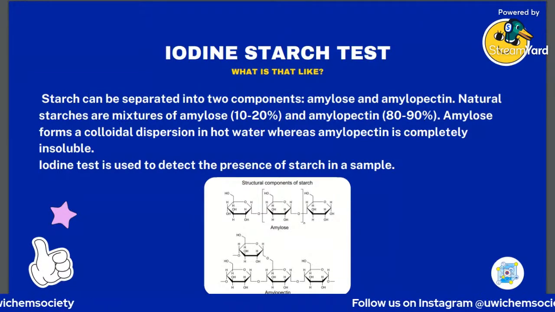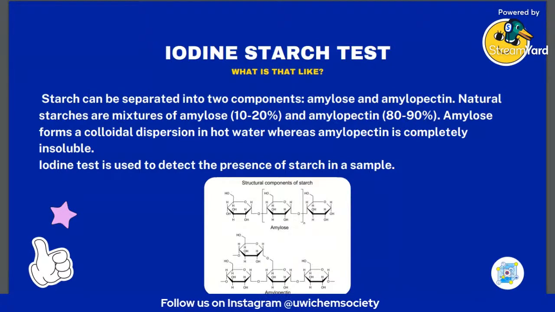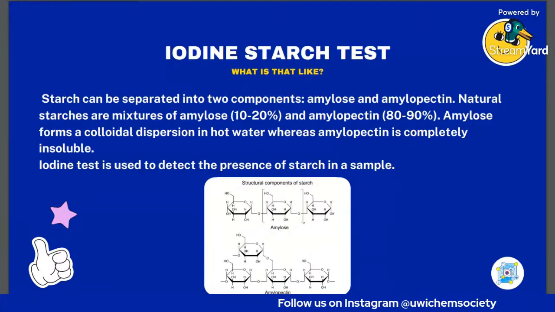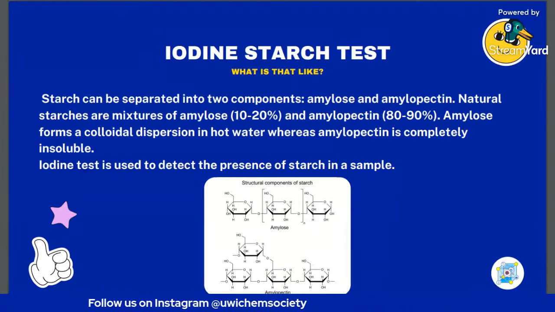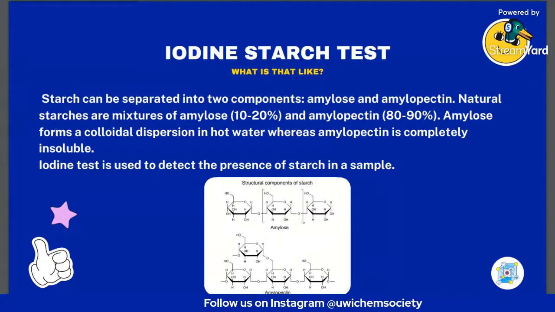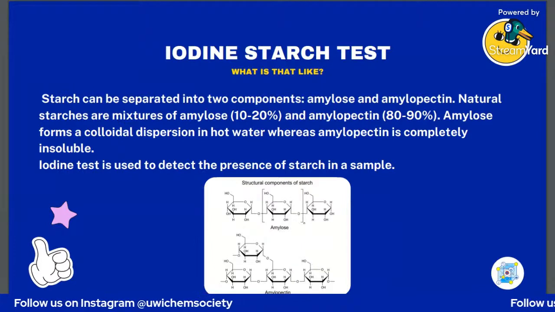The amylose forms a colloidal suspension with hot water, so it's not completely soluble in water, but amylopectin is completely insoluble. So whereas amylose will dissolve to an extent, the amylopectin will just stay out of solution. The iodine test, as I said, is what we use to detect the presence of starch.